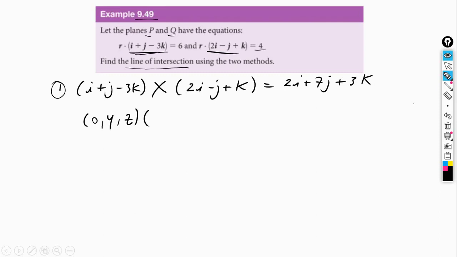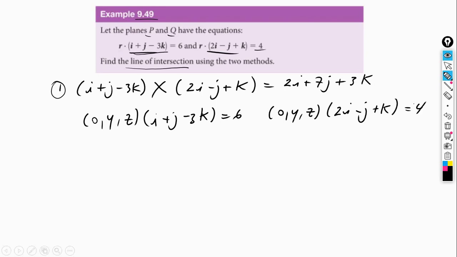So this dotted with i plus j minus 3k should equal 6. And then in the other case, the same point (0, y, z) dotted with 2i minus j plus k should equal 4.